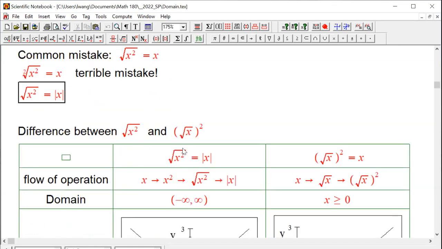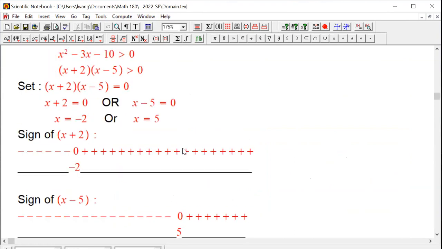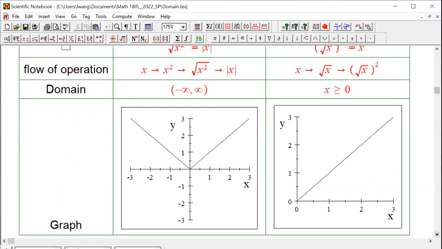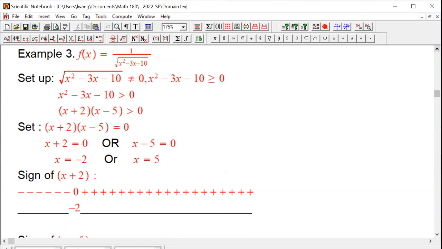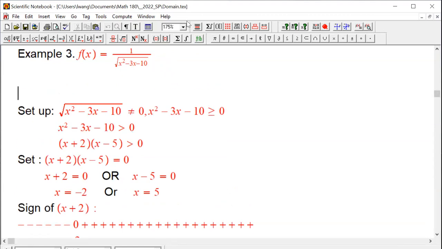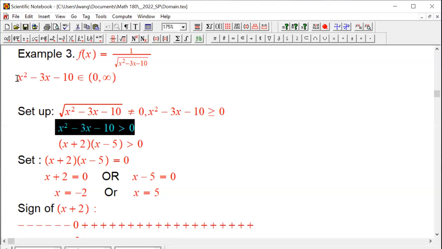And the same can be said for these inequalities. You can say, oh, this piece belongs to this interval from 0 to infinity. That's no problem. But how are you going to solve this?